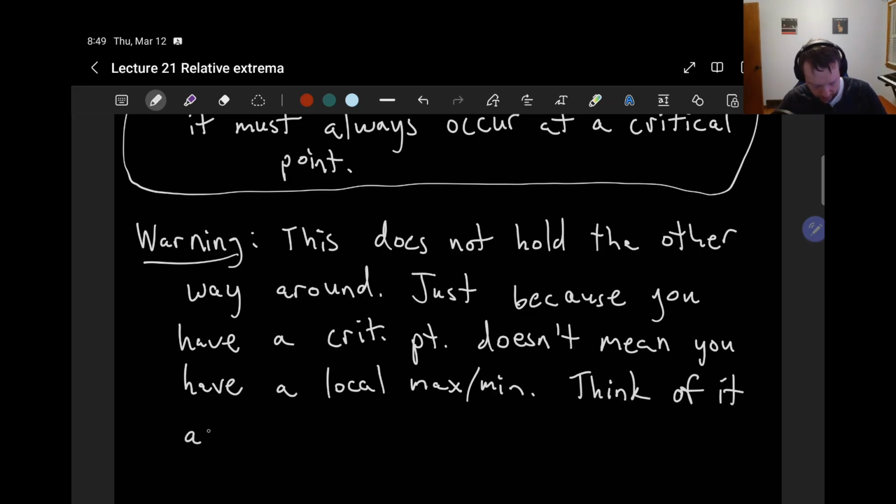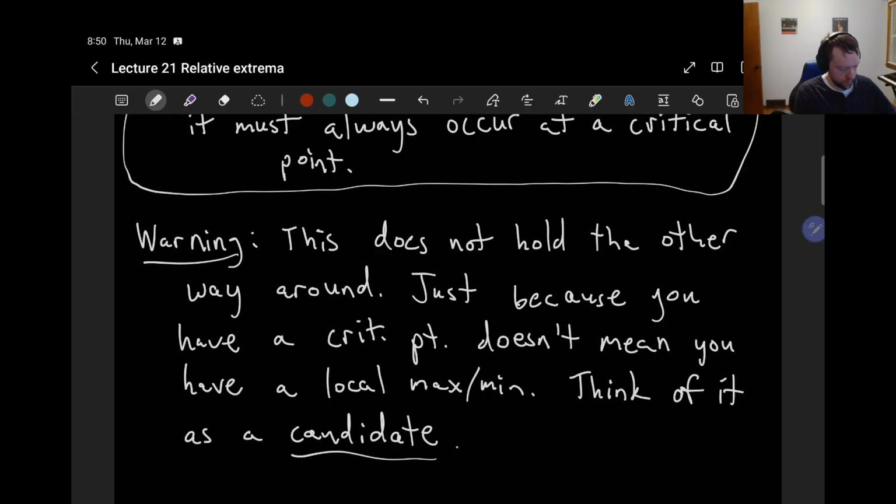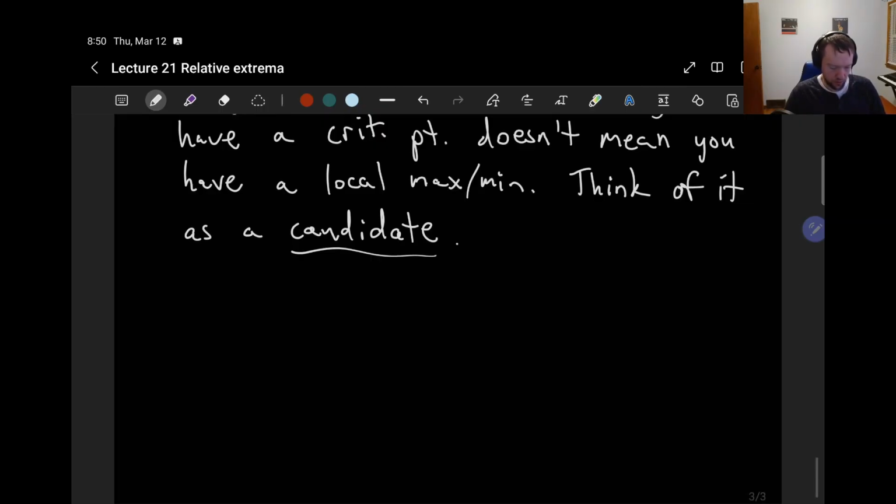So we think of it as a candidate for a local maximum or local minimum whenever you have a critical point. But it's not a guarantee. So in order to figure this out, we have to do a test. And we call this the first derivative test.